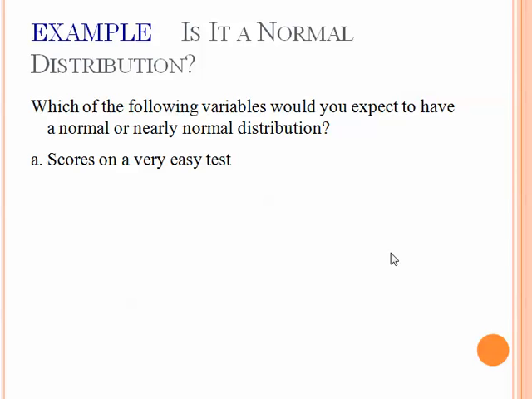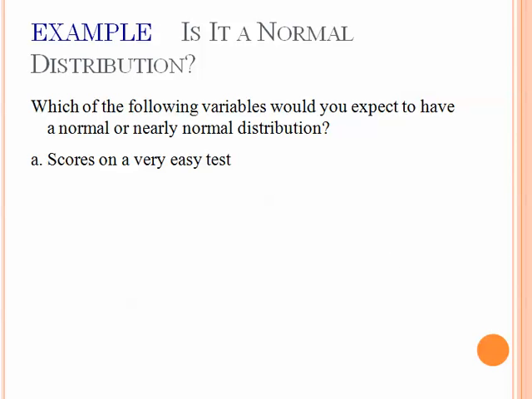Let's look at an example. Basically, we're going to try to figure out whether these different scenarios describe data that would be part of a normal distribution. So, scores on a very easy test. What do you think?